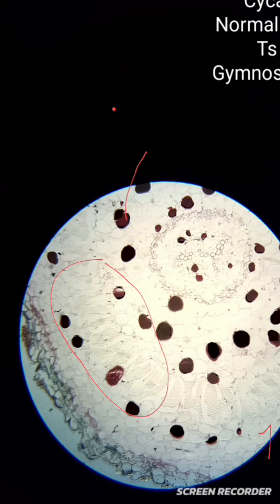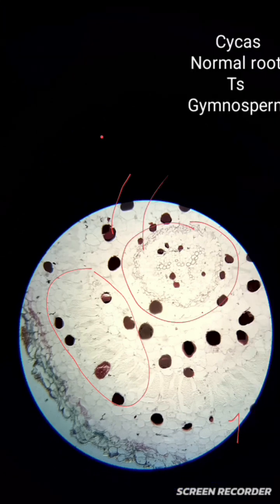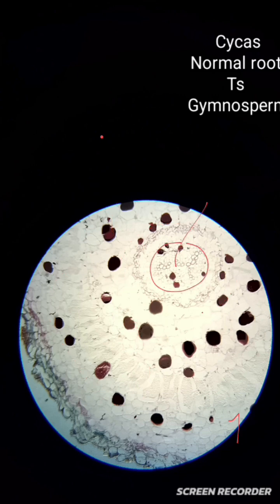After the cortex, there is the endodermis. Endodermis is a single layer having the characteristic Casparian thickening. Endodermis also surrounds the vascular bundles. So these are the vascular bundles in which xylem is exarch. Xylem is exarch, that means the xylem is towards the inside while the phloem is towards the outside.